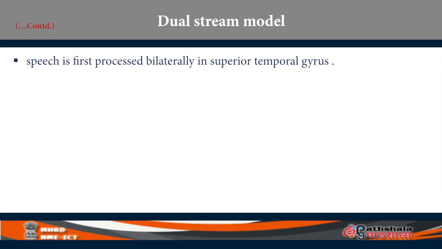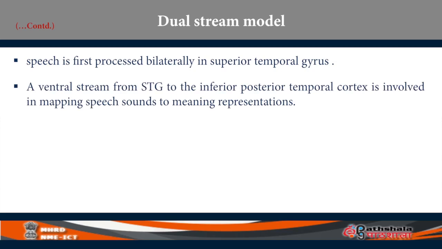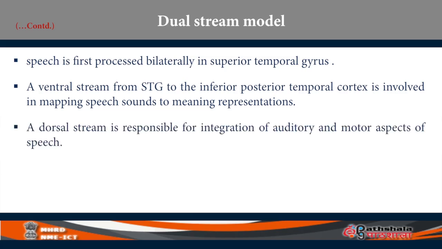It's saying speech is first processed by both hemispheres, then there is a ventral stream going from the superior temporal gyrus to the inferior posterior temporal cortex, which is involved in mapping speech to meaning representations, and then there is a dorsal stream responsible for integrating auditory and motor aspects of speech, sensory and motor. Sensory is in this case auditory because we are talking about spoken language.